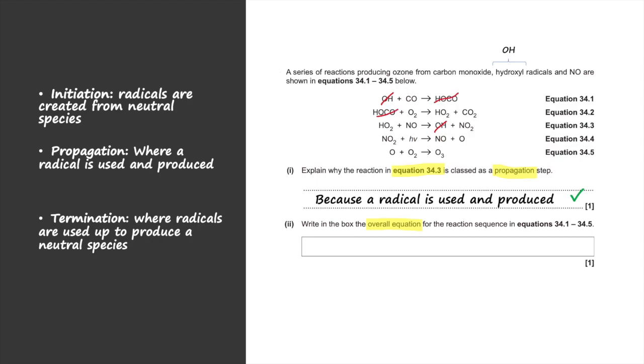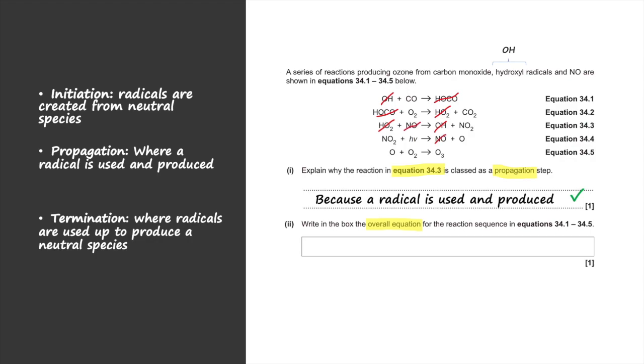We have an HO2 species in the reactant side of the equations. We also have this in the product side, so these cancel out. There's a nitrogen monoxide radical in the left-hand side, and there is also a nitrogen monoxide radical in the right-hand side.